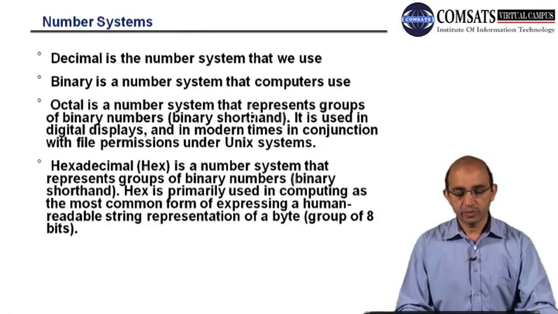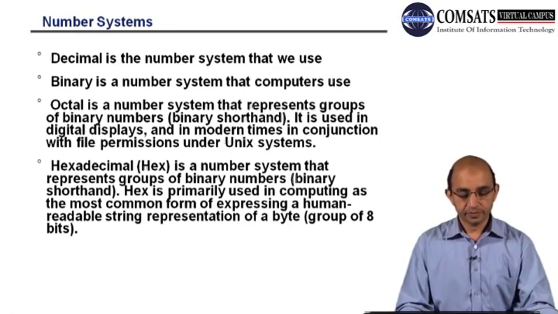The octal number system is used again within the computer, but not regarding the design and the analysis. We can see that it is used within the operating system whenever we talk about permissions. If you have a file and you want to restrict the read, write, execute permission, you normally use octal numbers.